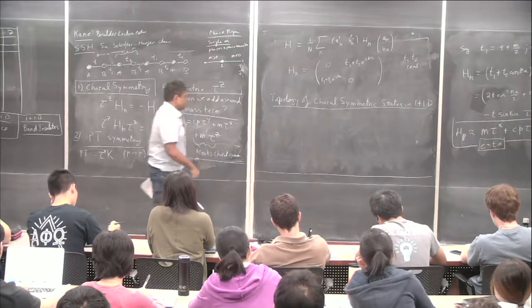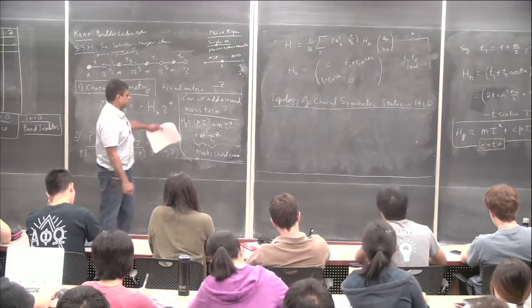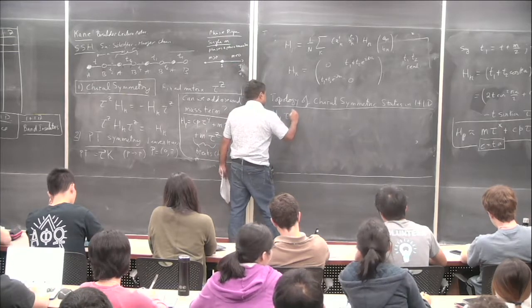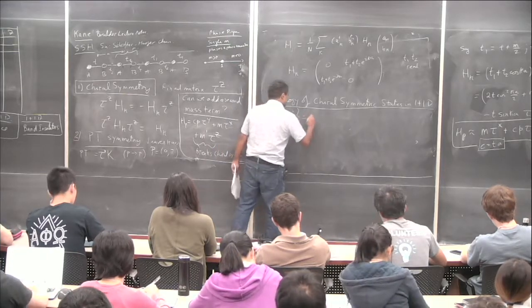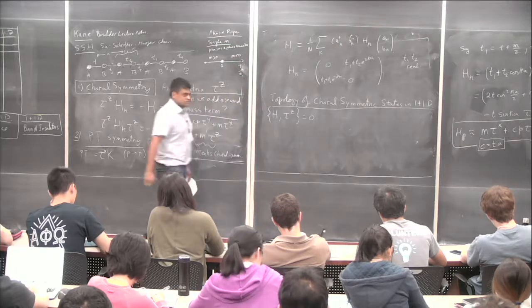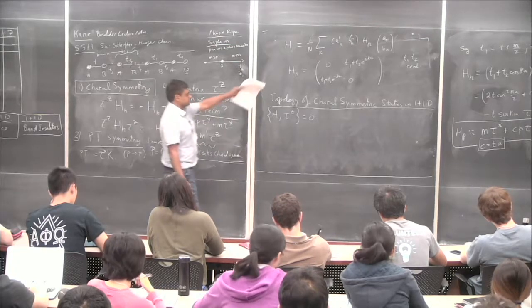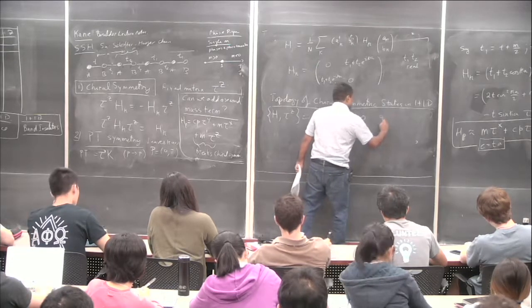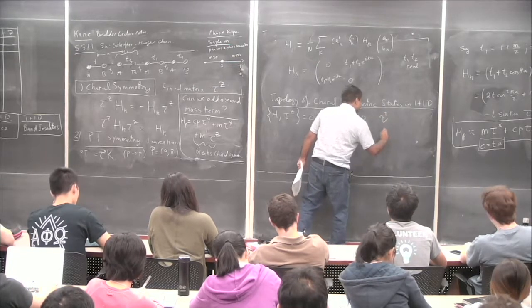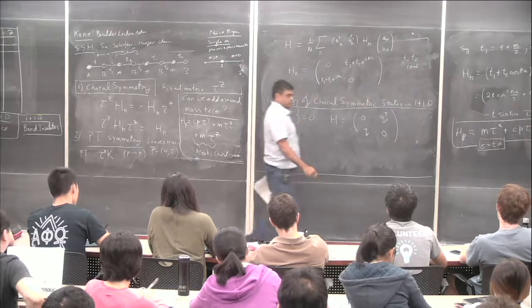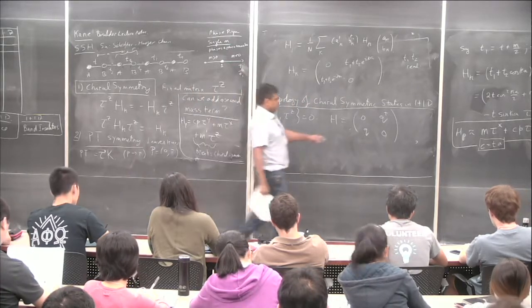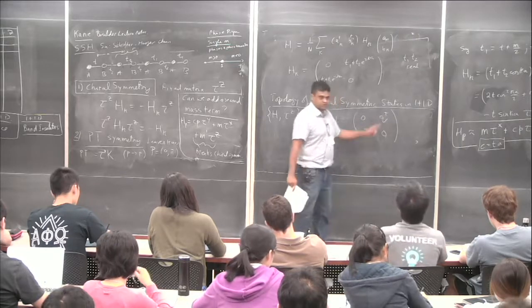If we have this condition, the Hamiltonian should anticommute with this tau z. If this is a 2 by 2 Hamiltonian, it basically means that it looks like that. In general, for a general dimensional matrix, you can have any matrix Q over here and its Hermitian conjugate there.